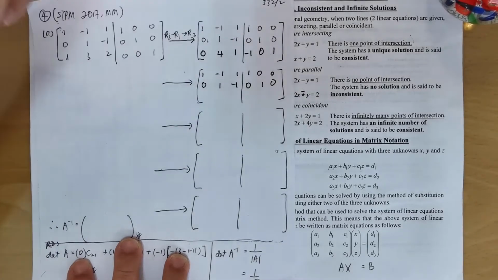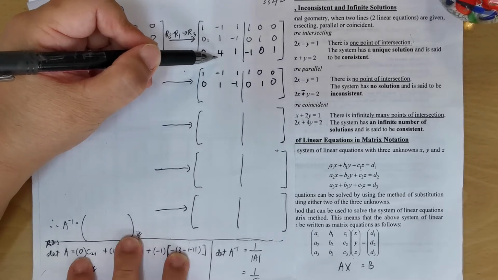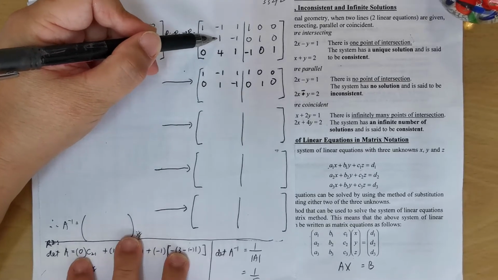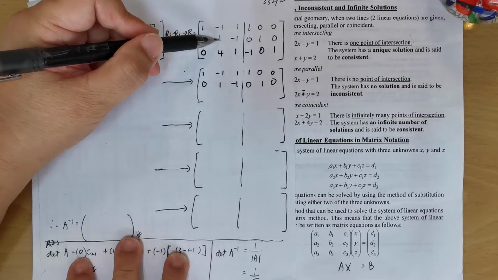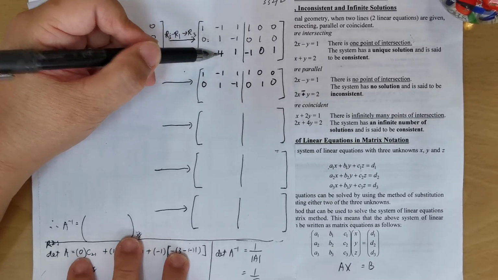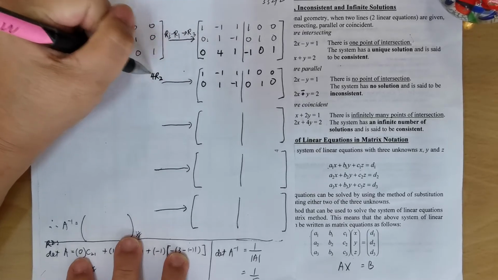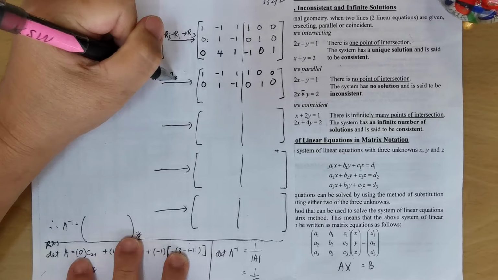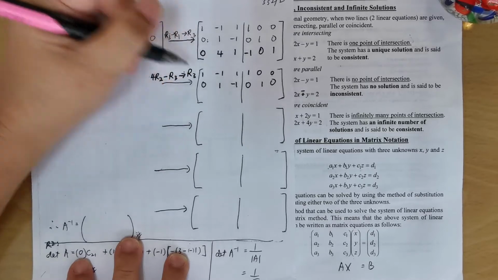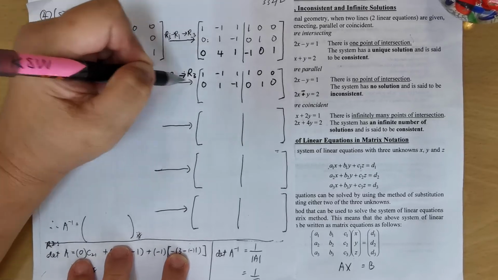To change this one to 0, I'm going to use this one times 4, then I minus this one. So row 2 times 4 minus row 3, and become new row 3. This is an arrow. The long one is an arrow also.